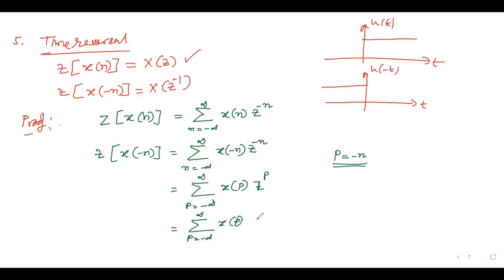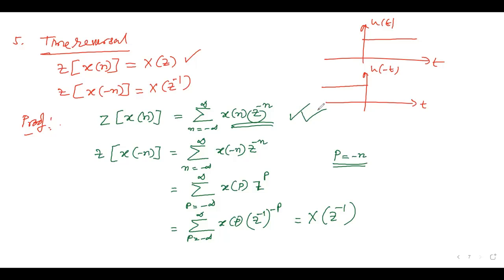What else can we write? z to the power p can be written as z inverse to the power minus p. So this is the same as the definition, only thing is that here z is replaced by z inverse. That means this is basically X(z inverse).